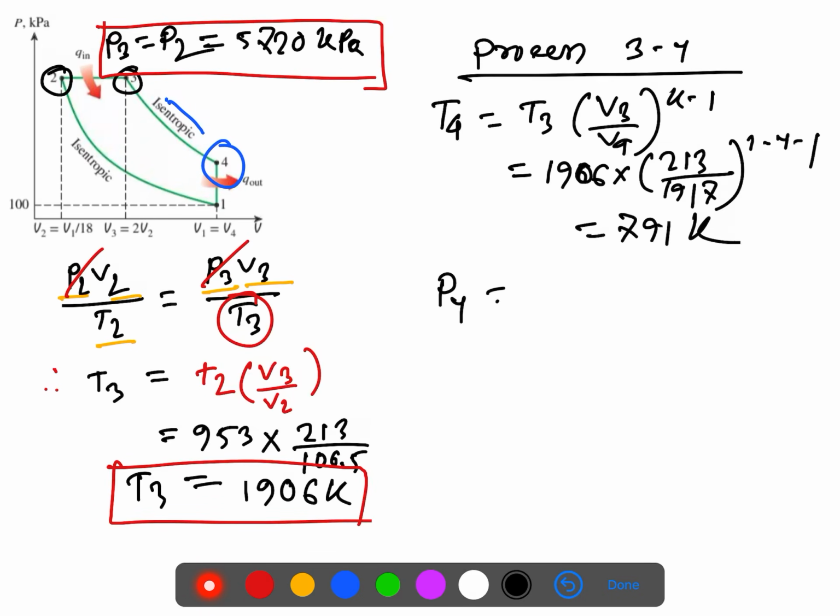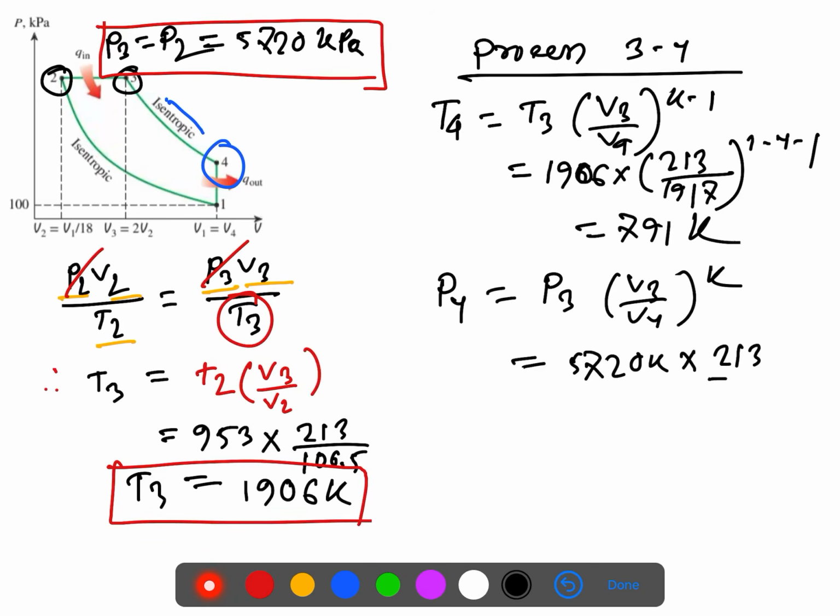Similarly, P4 will be P3 times V3 over V4 to the power K. P3 is 5720, V3 is 213, V4 is 1917 and K is 1.4, so it will be 264 kPa. Okay, so that's actually the first part of this problem.